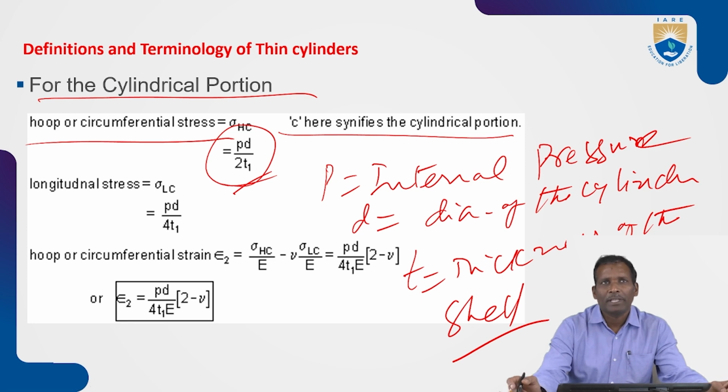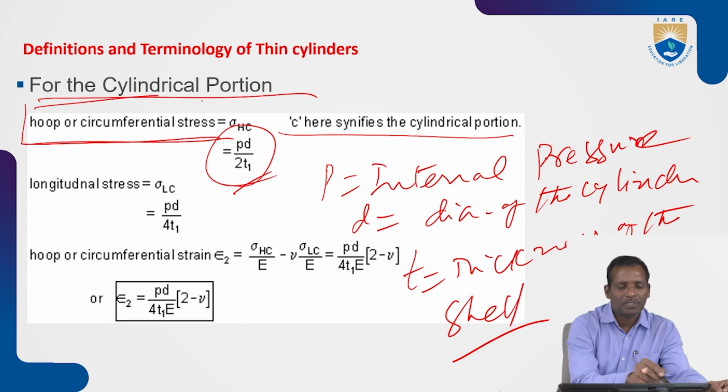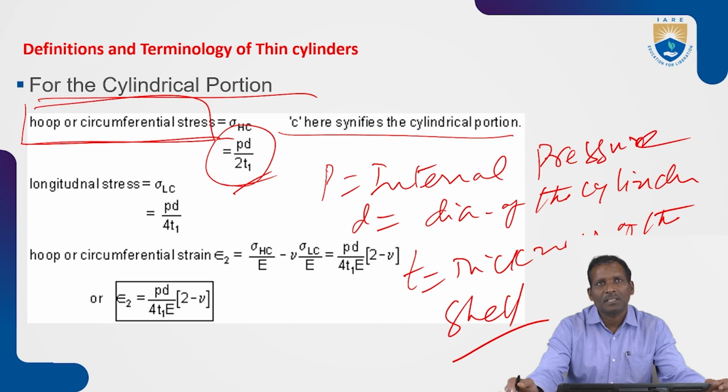So PD by 2T1 is the hoop stress or circumferential stress.